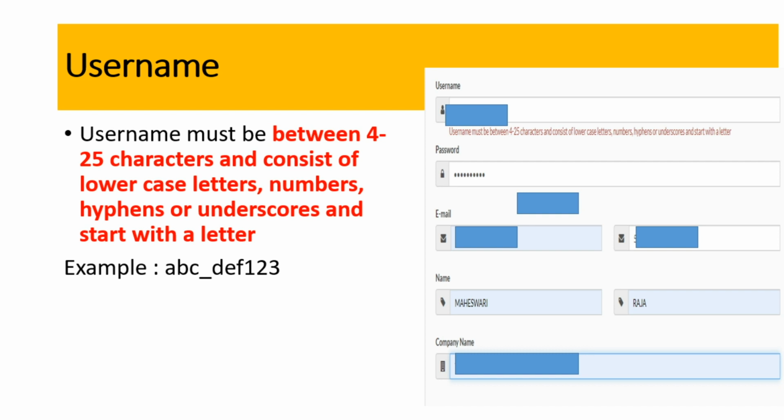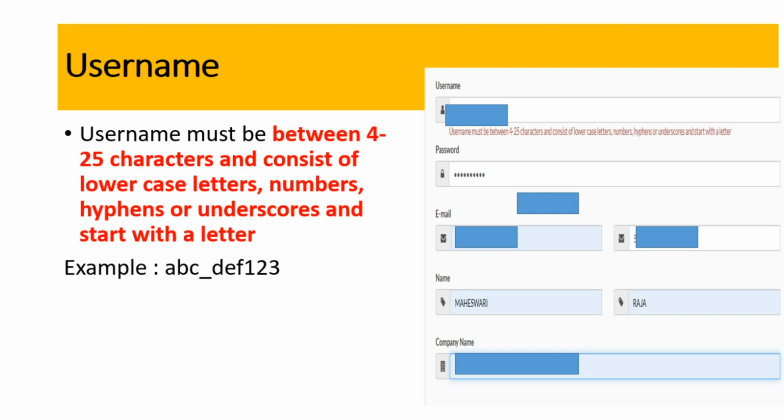Make sure your username contains only lowercase letters, or a combination of numbers, hyphen and underscore, but it has to start with a letter. Make sure you do not use uppercase letters. If you use uppercase letters, the at symbol or any other symbols other than underscore and hyphen, it will throw an error.